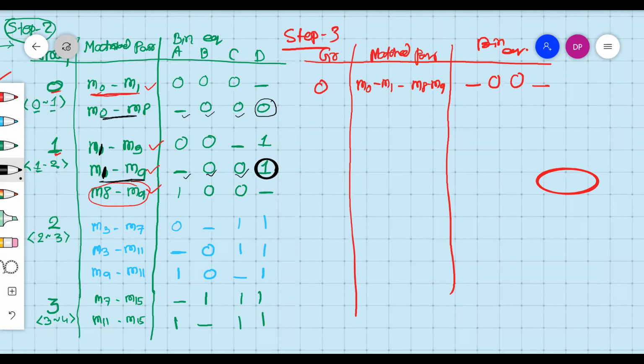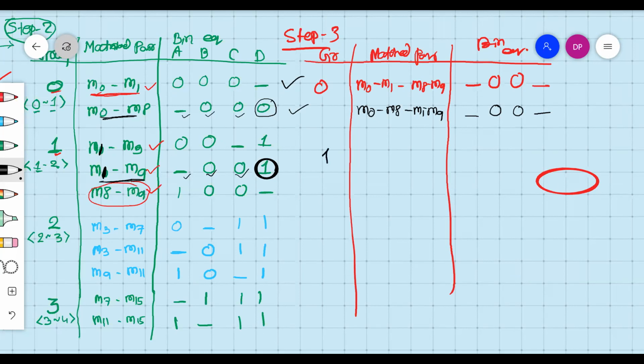So we will take M0 M8 and M1 M9. So the first one is used here, now the second one is also used. You can see this is underscore 0 0, this is underscore. So this is group 0.